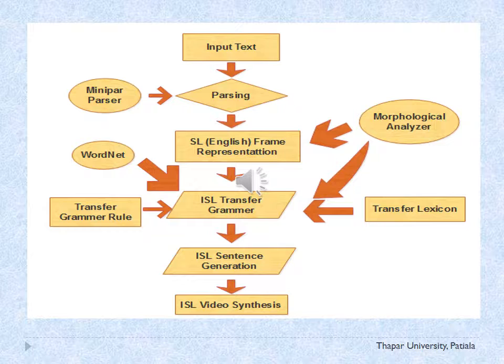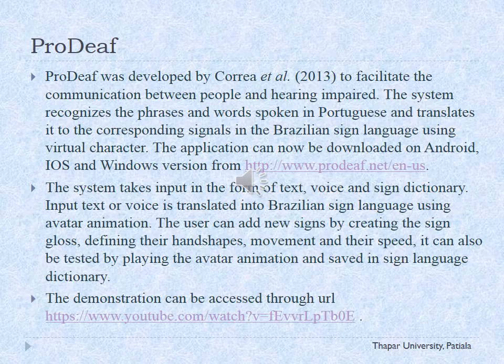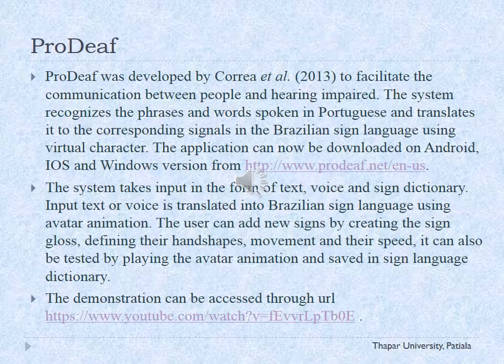After the processing of rules, the ISL sentence generation generates the sentences, which is then passed to ISL video synthesis for the generation of ISL videos. So the next system is ProDeaf.